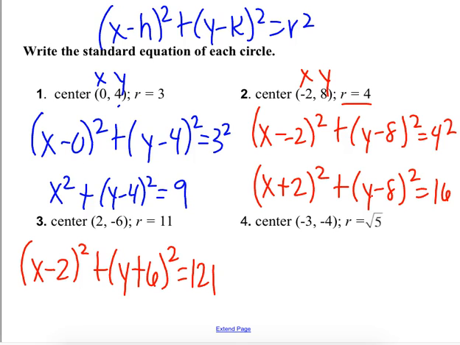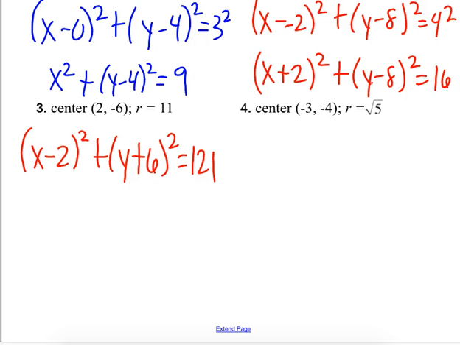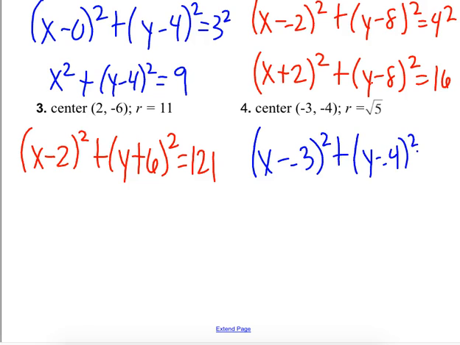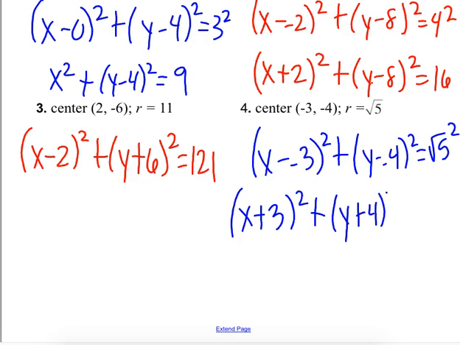And then lastly, let's just write this one out because it's kind of goofy. (x minus our x coordinate) squared, (y minus our y coordinate) squared equals our radius squared. Again, we have the double negative, which makes it positive. Same thing here, so I get a plus 4.